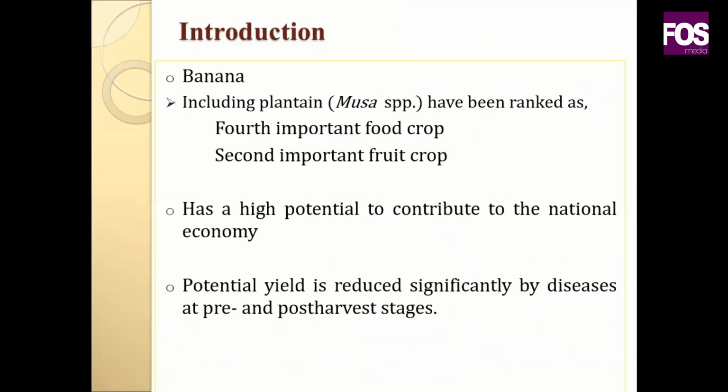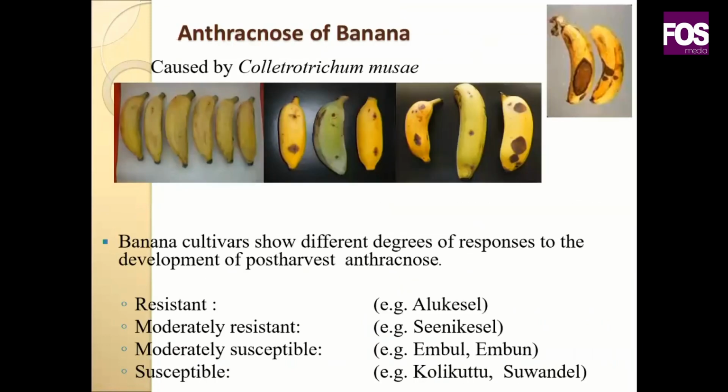As I explained earlier, banana is the fourth most important food crop and the second most important fruit crop in the world. Therefore, it has very high potential to contribute to the national economy, GDP, and also to earn more export revenues through export-oriented agribusiness. But significant damage to banana is caused by these post-harvest diseases.